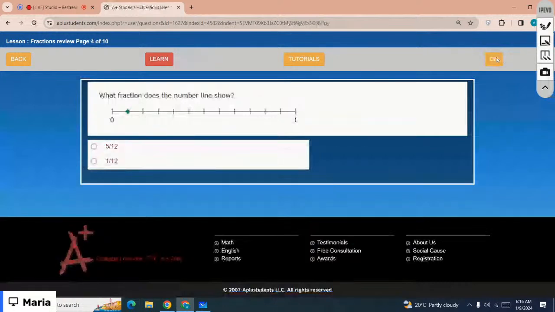What fraction does the number line show? Which is the correct option? Yes, that is 1 out of 12. Option number 2 is the correct option.